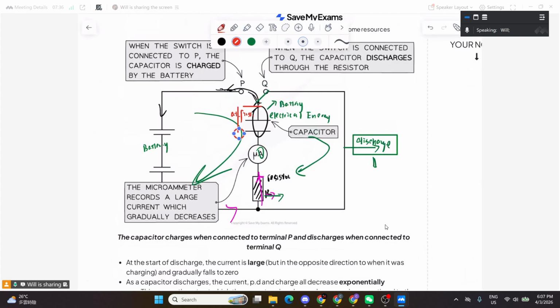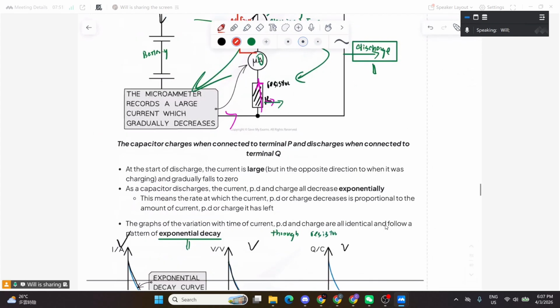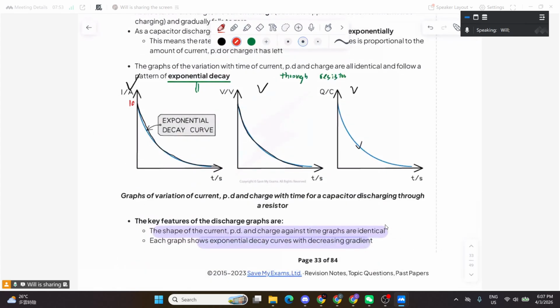At first the potential of the capacitor is high, so we have a large current flowing.